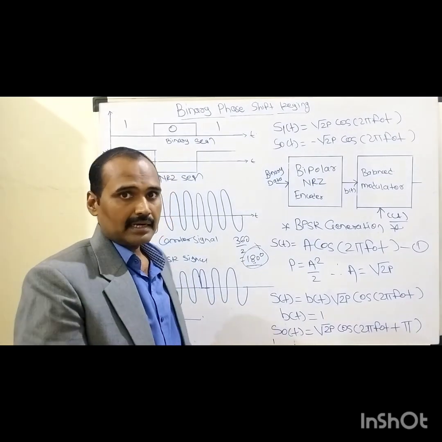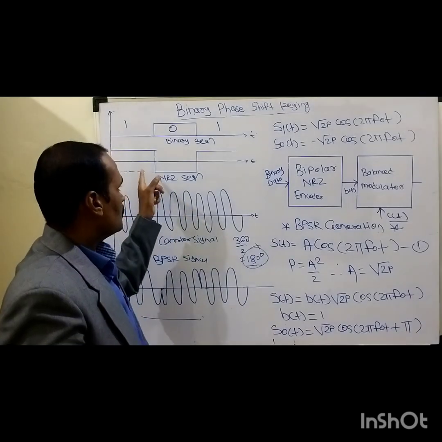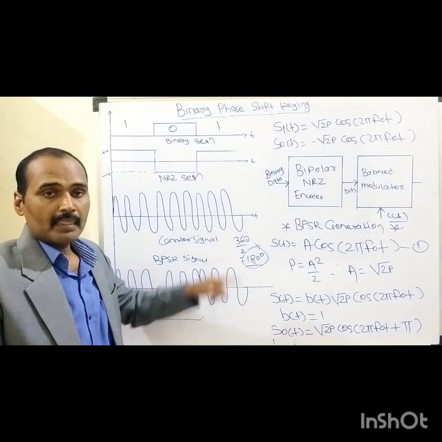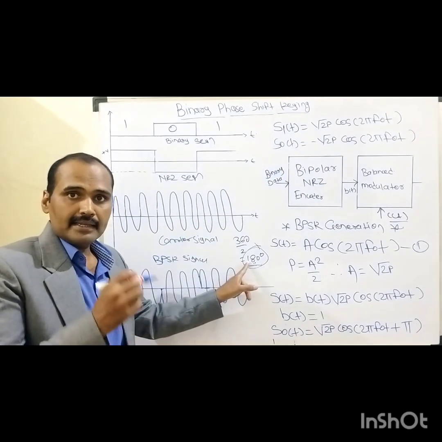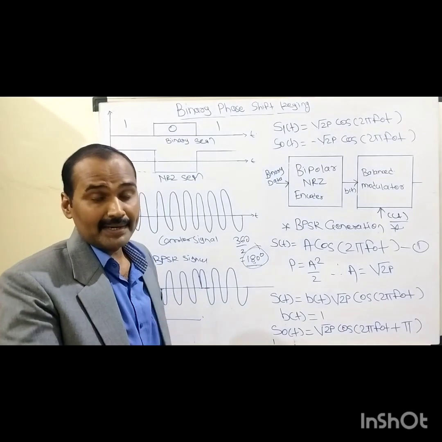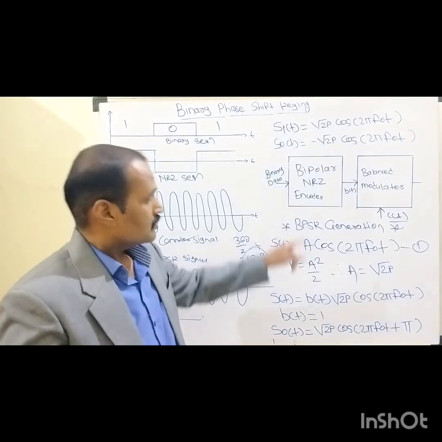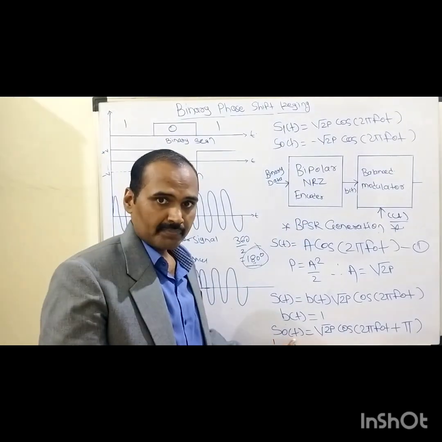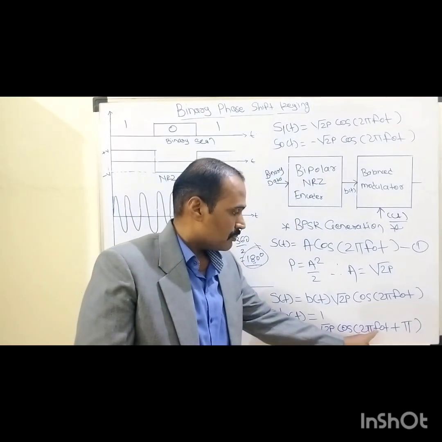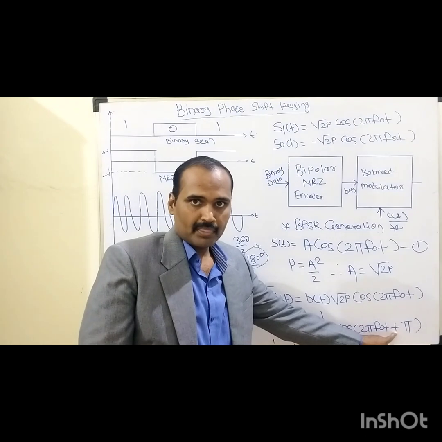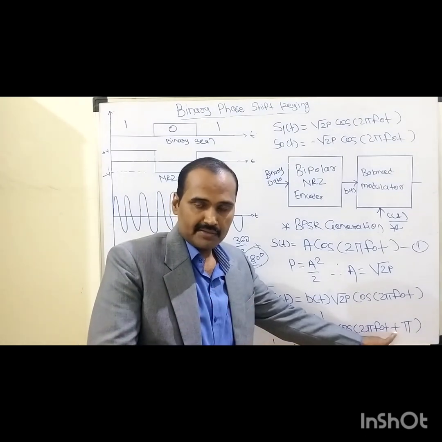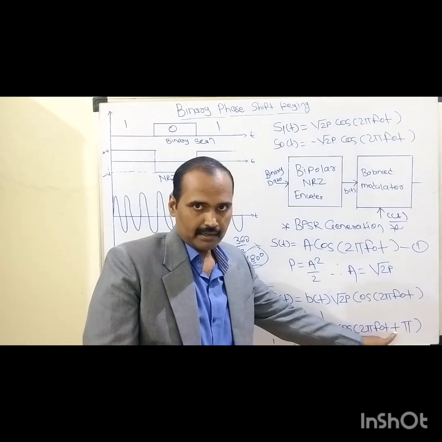As I told you earlier, whenever we go through a signal transition from 0 to 1 or from 1 to 0, we change the phase of this unmodulated carrier signal by 180 degrees. Mathematically, it becomes root 2 times P into cos of 2 pi f naught t plus pi, where pi is the amount by which we change the phase of the unmodulated carrier signal.